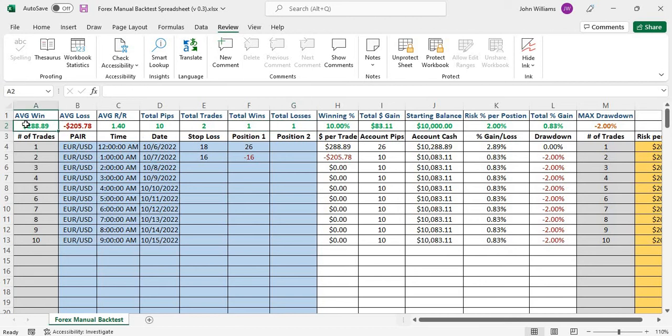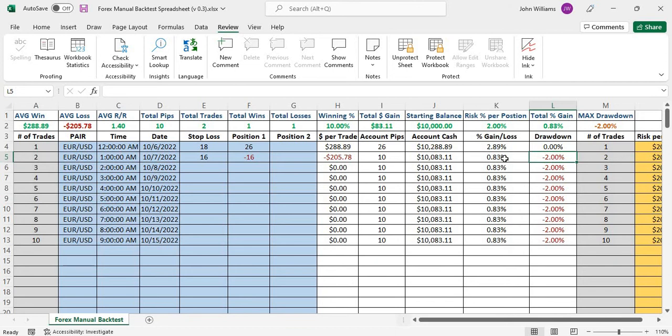All right, my average win is the only win that is reflected here in our dollar per trade value, and we have the average loss, which is this only loss that we have here. All right, my drawdown is shown as negative 2%.